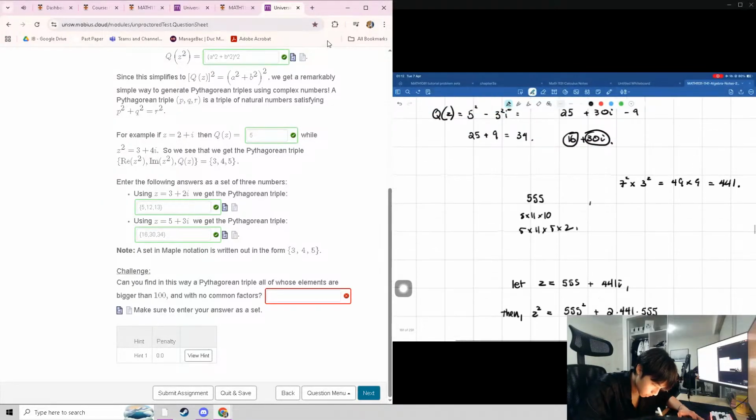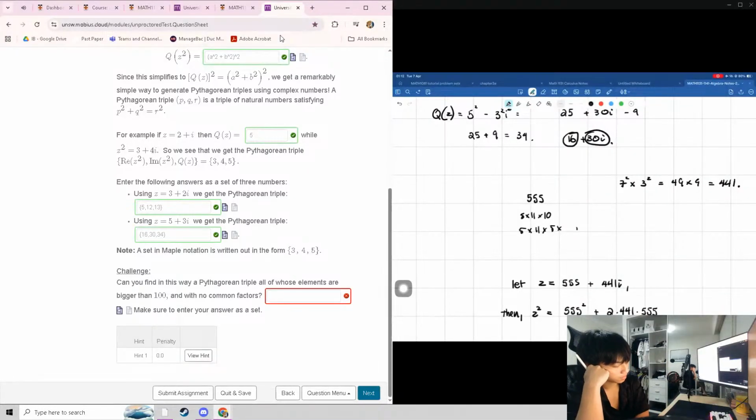Let's do 5 to the 5th. No, there's a 3 in there. We can't have 3.